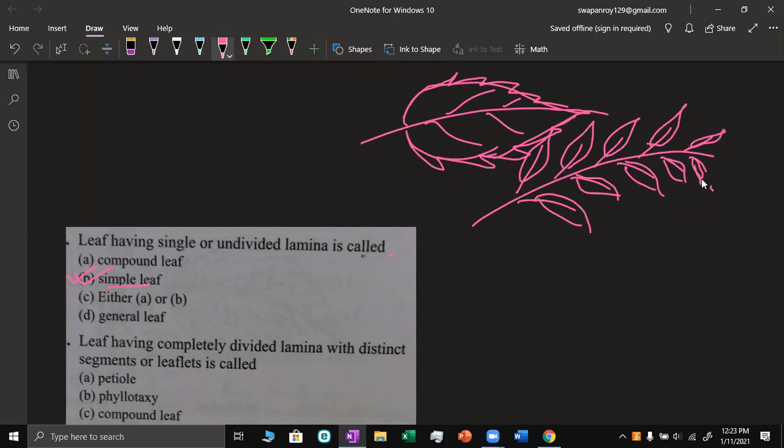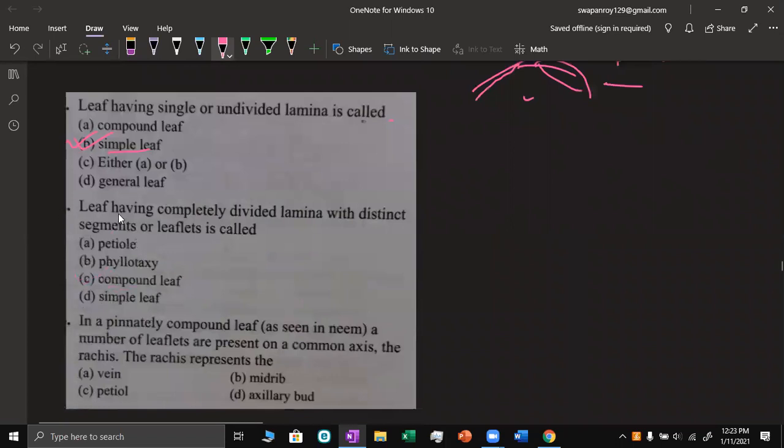Rose leaf is very common. So this is a compound leaf. And the next question is the definition for the compound leaf.